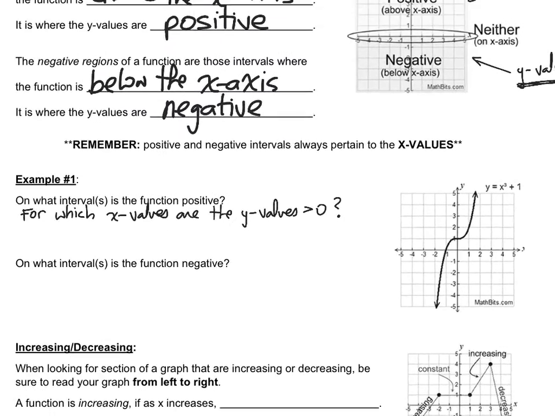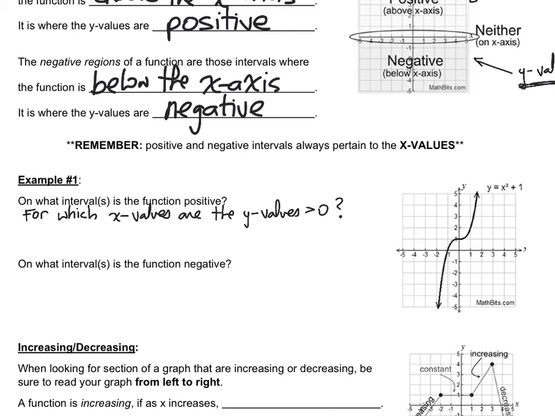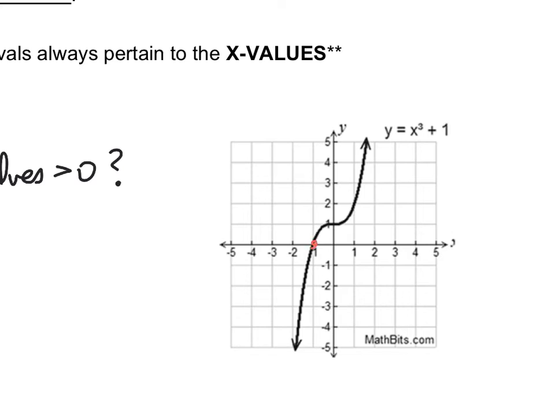All right, so basically what we're asked to do here is state the domain for which the function is positive. If we use the point on the x-axis as a cutoff, this would be the location where y values are negative, and this would be the interval where the y values are positive.